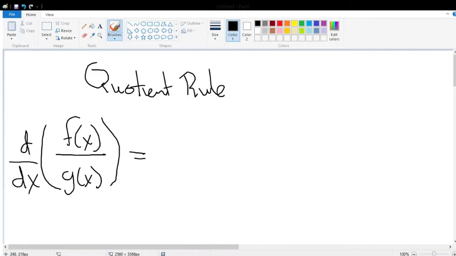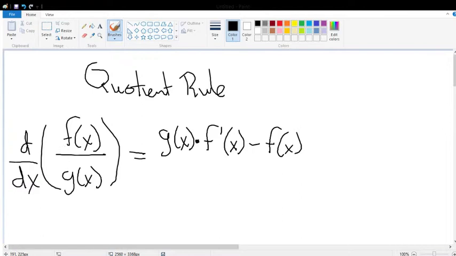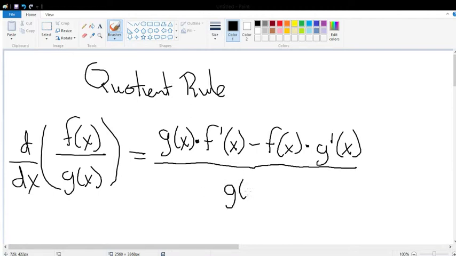So you write the bottom function first, so just g of x, times f prime of x, or in other words the derivative of f, minus just the top function f of x times g prime of x, which is the derivative of the bottom function, all divided by g of x squared.